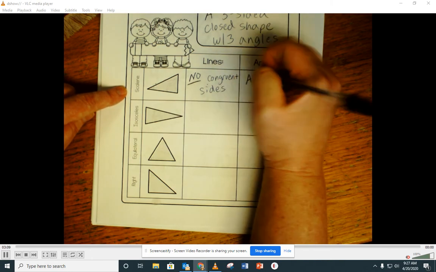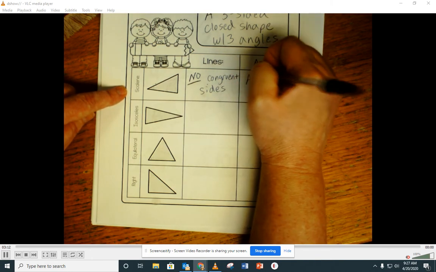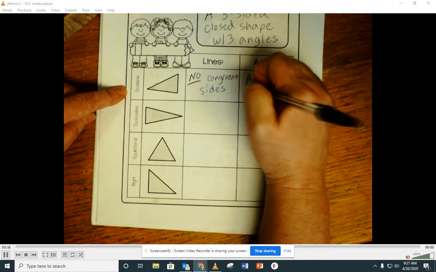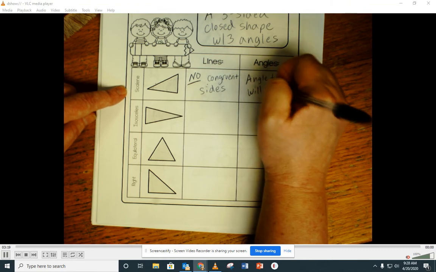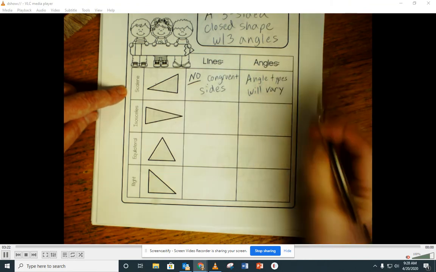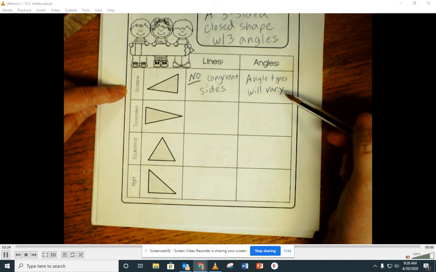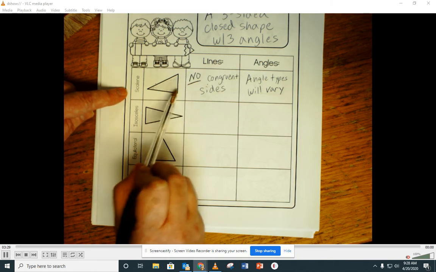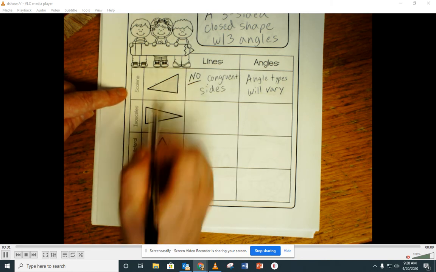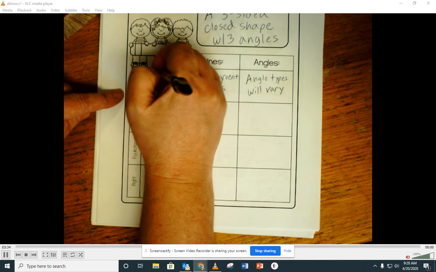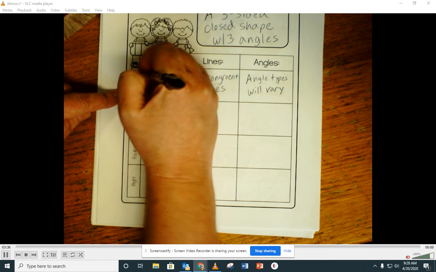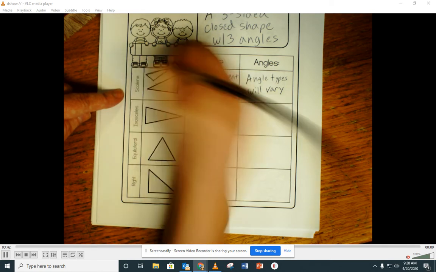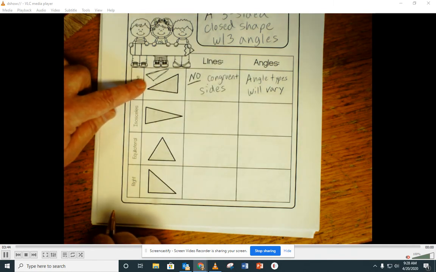In a scalene triangle, the angle types will vary. Okay, we can't say anything for sure because scalene triangles can look different. None of the sides are the same, so we could have a scalene triangle with one really long side and a short side. So none of them are going to look the same.